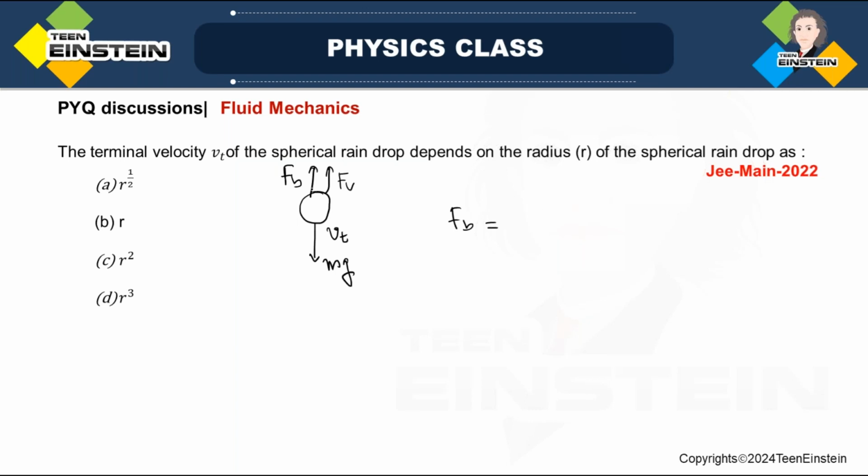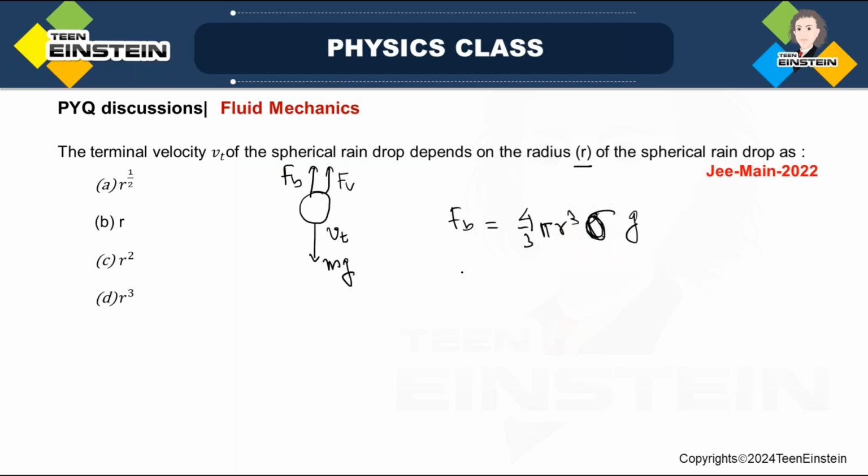Fb will be the volume of this spherical raindrop, then the density of the air, or the atmosphere, sigma, into g.